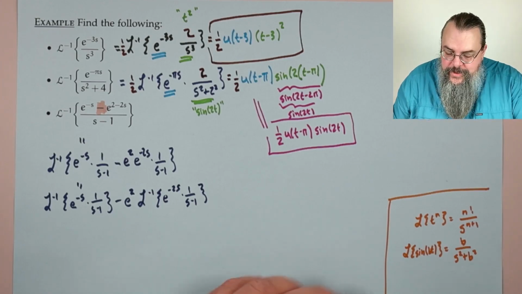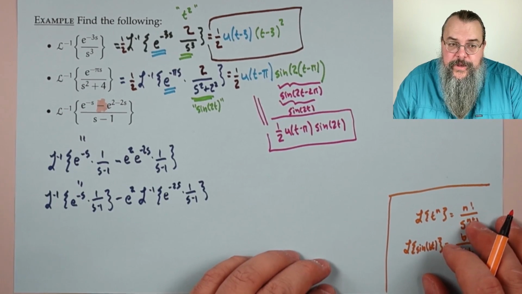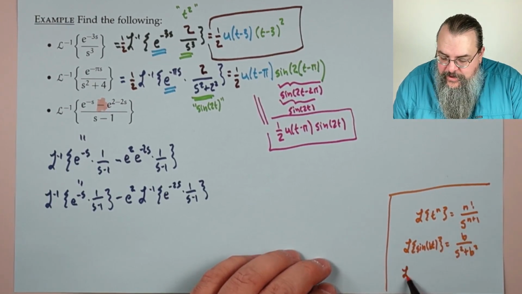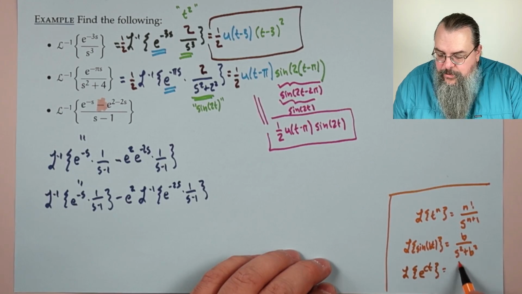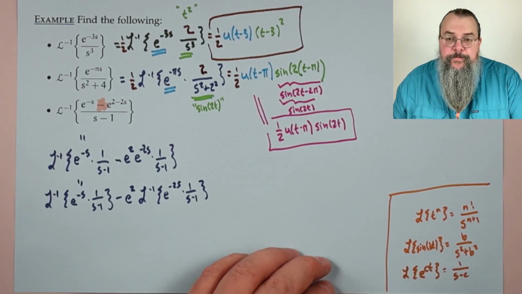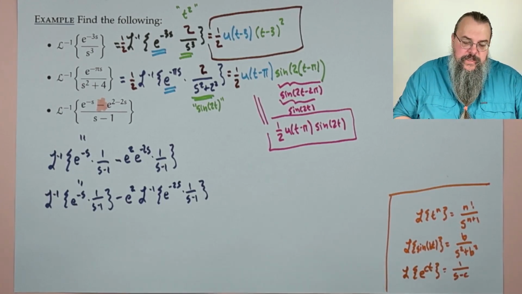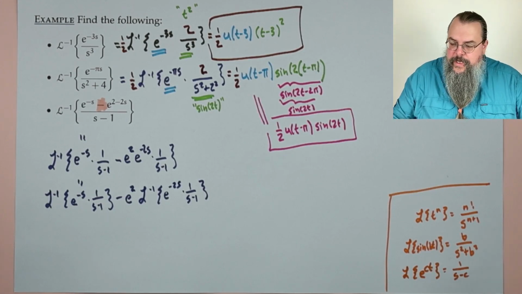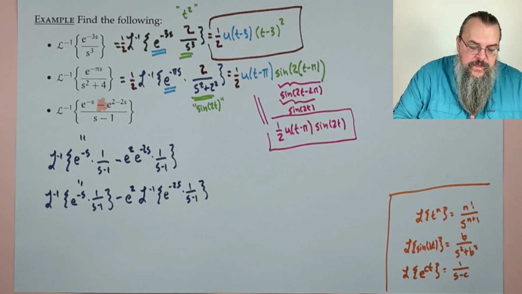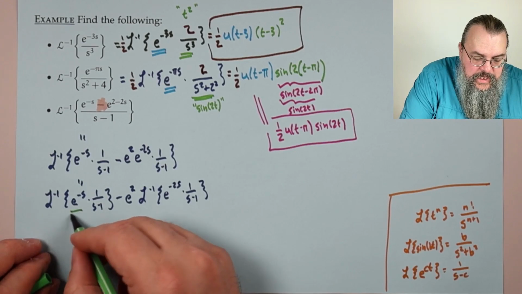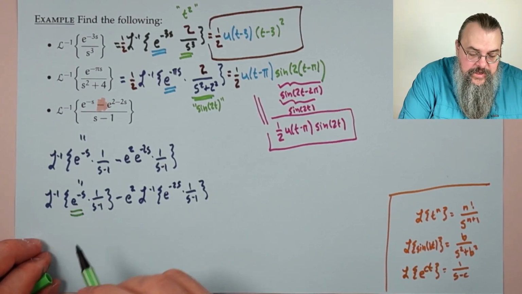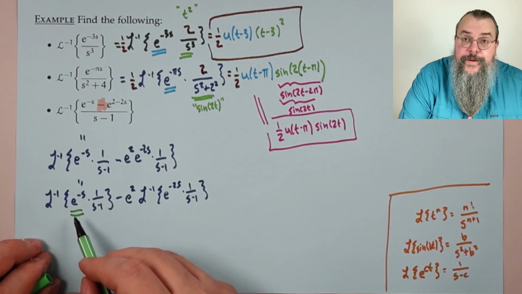So, anticipating, we'll write down another rule, because who doesn't like to write down lots of their Laplace transform rules? e to the ct, 1 over s minus c. Okay, so what do we have? Well, this e to the minus s is telling us we're going to have a shift.